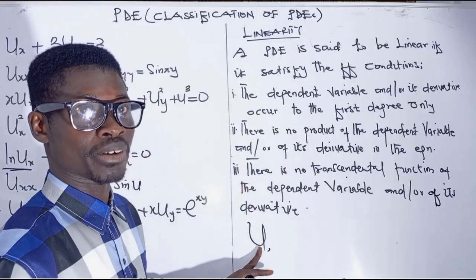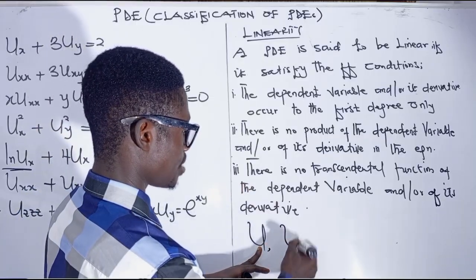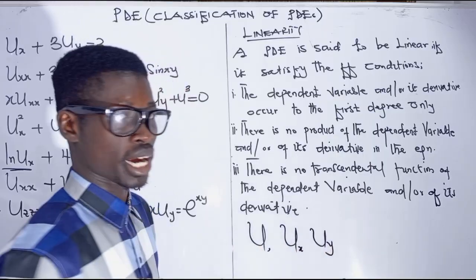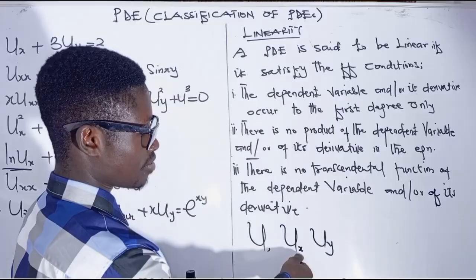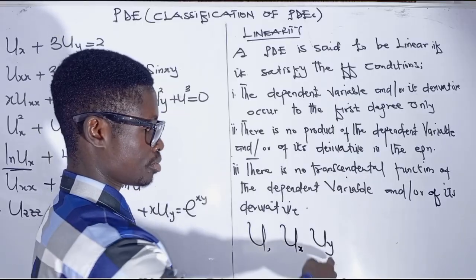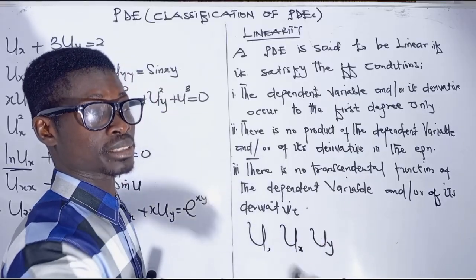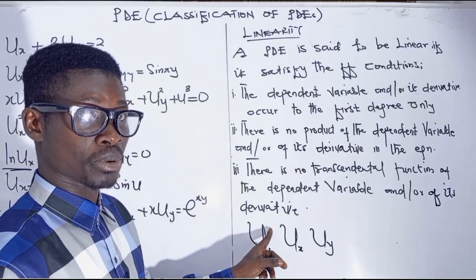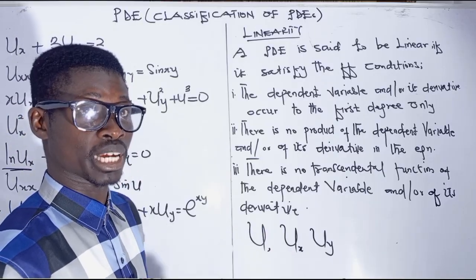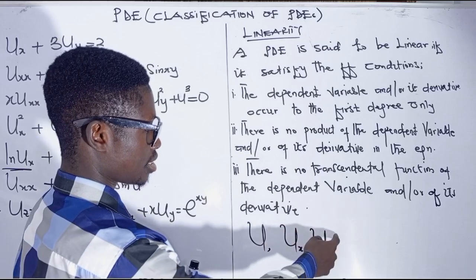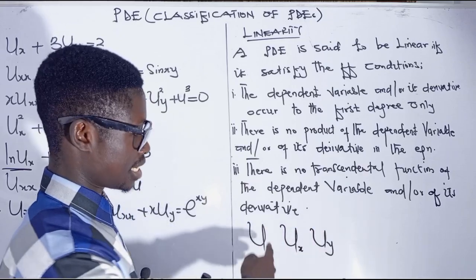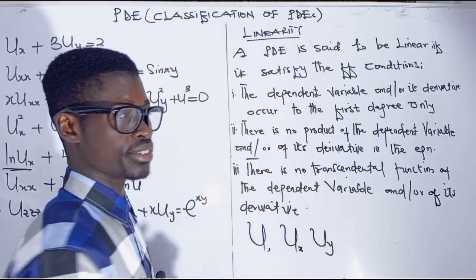We can take the derivative with respect to x or with respect to y. We can also take the derivative two times with respect to y, three times, and so on. But the dependent variable and its derivative must occur to the first degree only.